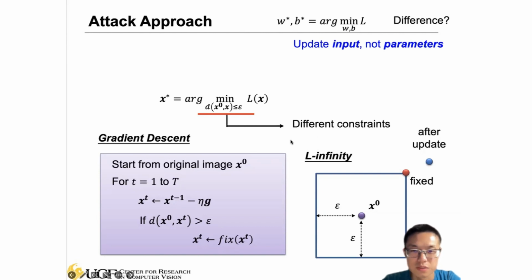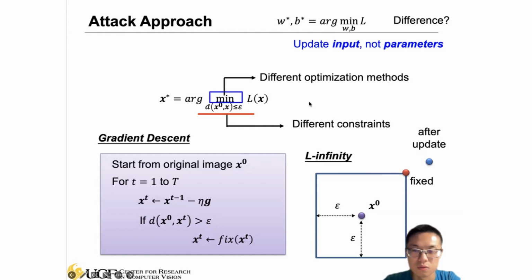So this is the constraint we impose for how much of a difference we want to have for the perturbed image. Of course, you can have different constraints for this, maybe in terms of the threshold, or maybe you can have other metrics for this.